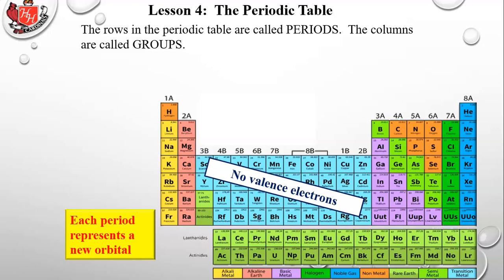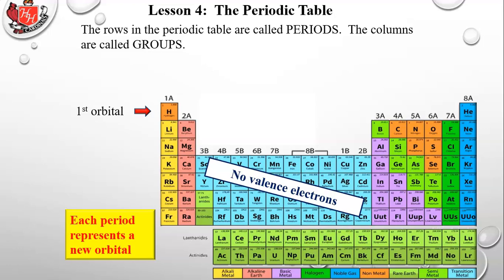So each period represents a new orbital. So the first orbital is represented by the first two elements. Now, let's think about what's happening there. Hydrogen has an atomic number of 1, and the whole periodic table is ordered in the order of atomic numbers. So hydrogen has an atomic number of 1, and helium over on the right side has an atomic number of 2.